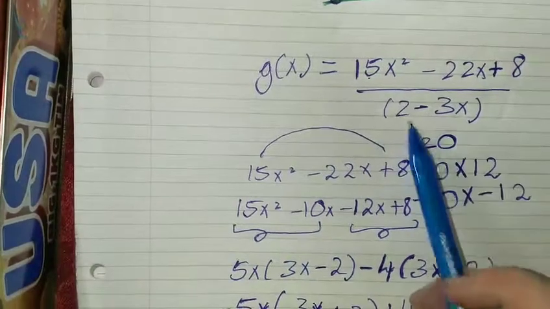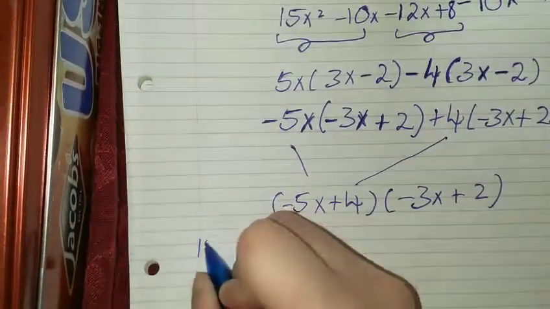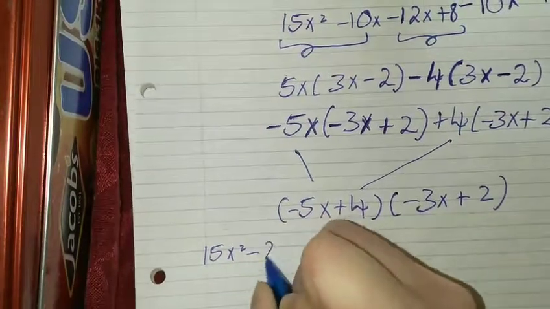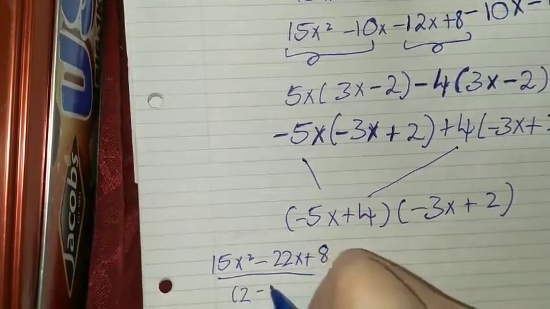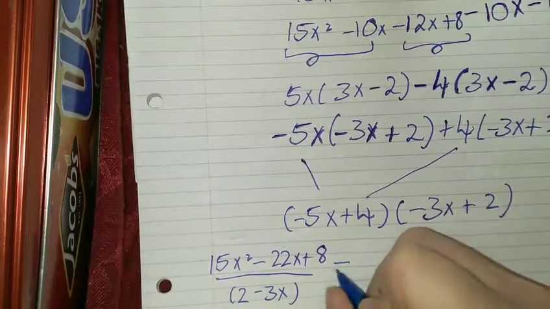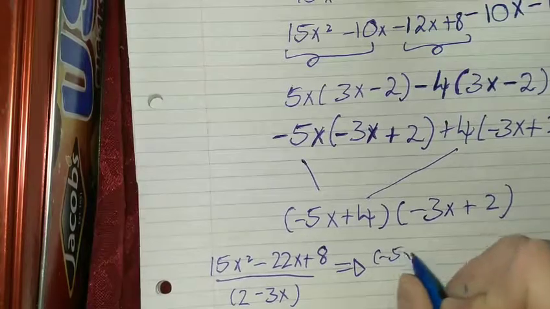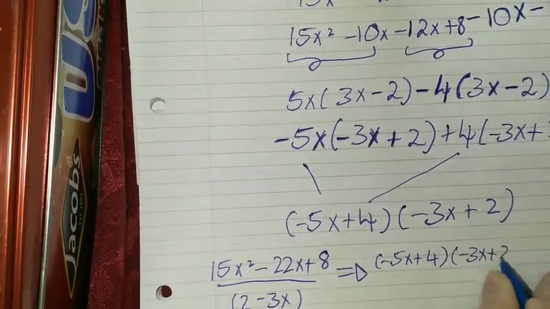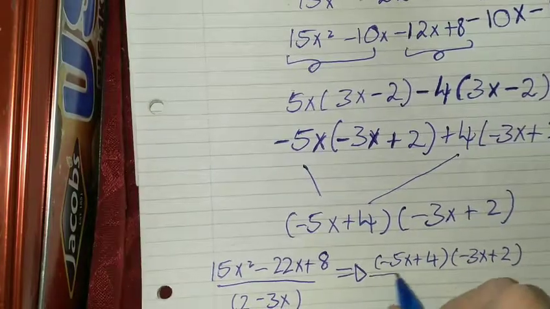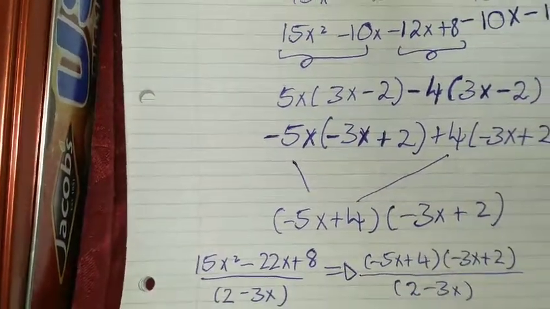So instead of writing this, I'll write what I got it factorized as. I had 15x squared minus 22x plus 8 all over 2 minus 3x, and that simplifies to minus 5x plus 4, times minus 3x plus 2, over 2 minus 3x.